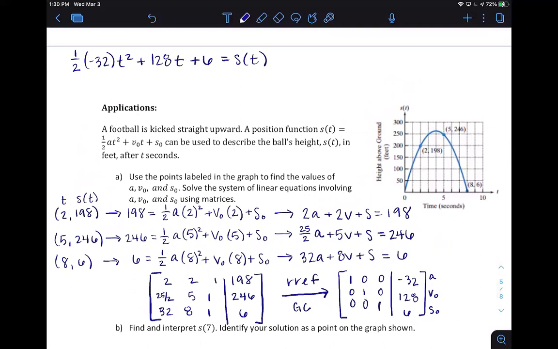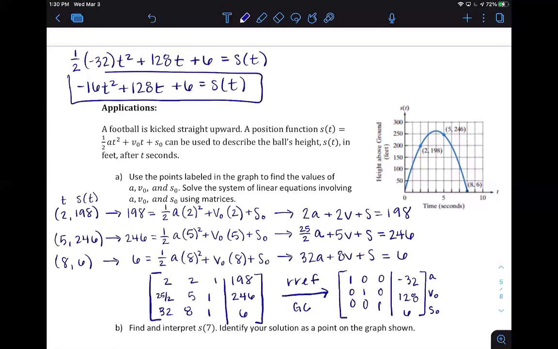Well, what's half of -32? Half of 32, 16. So -16t squared plus 128t plus 6. And that is your function.